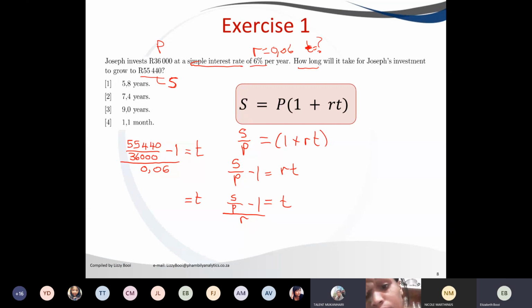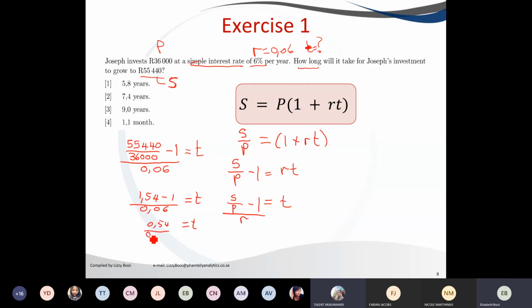Okay, so I'm going to do the calculation step by step. So 5,440 divided by 36,000, you get 1.54, subtract 1, divided by 0.06. And therefore your T: 1.54 minus 1, you are left with 0.54.